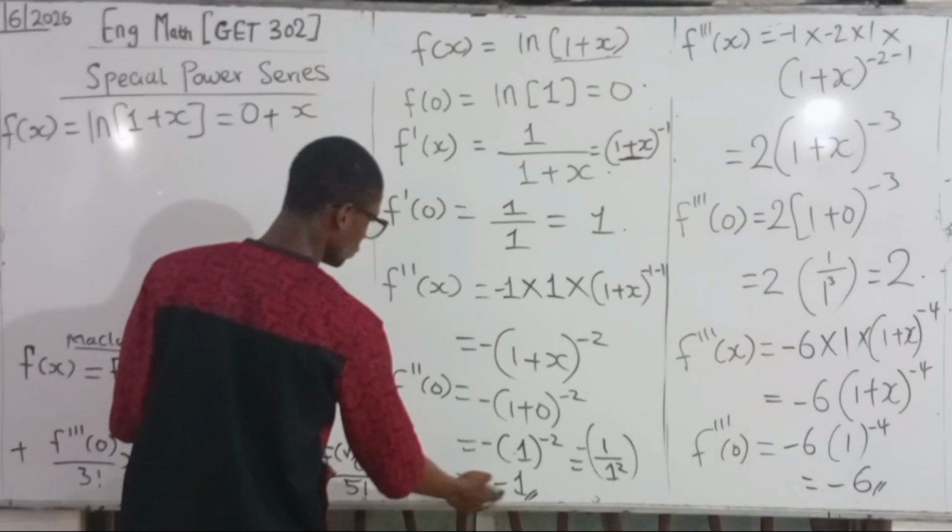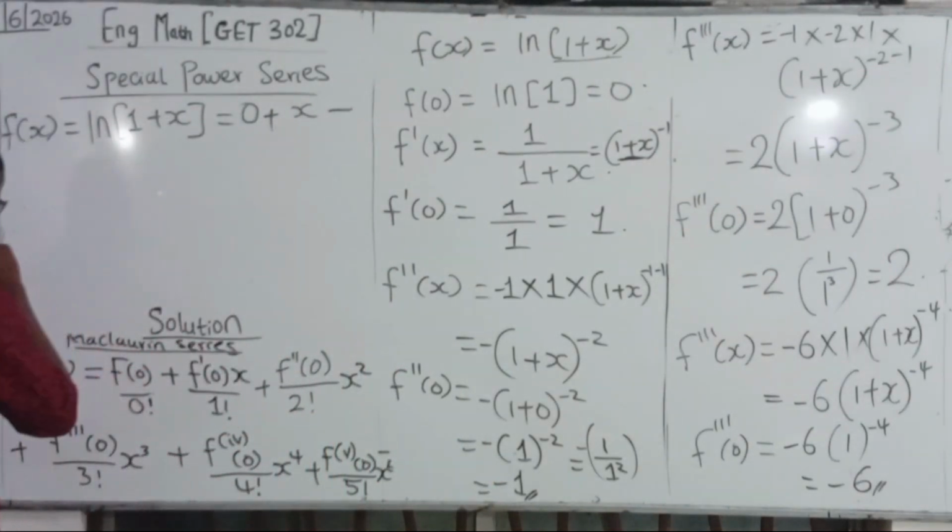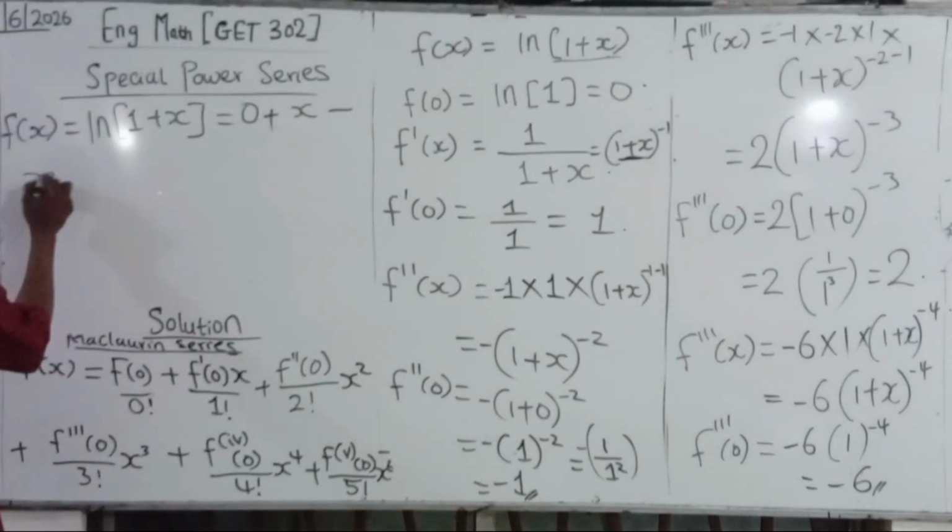What does the prime give us? Minus 1. So it will be minus 1 times x to the power of 2 all over 2 factorial.